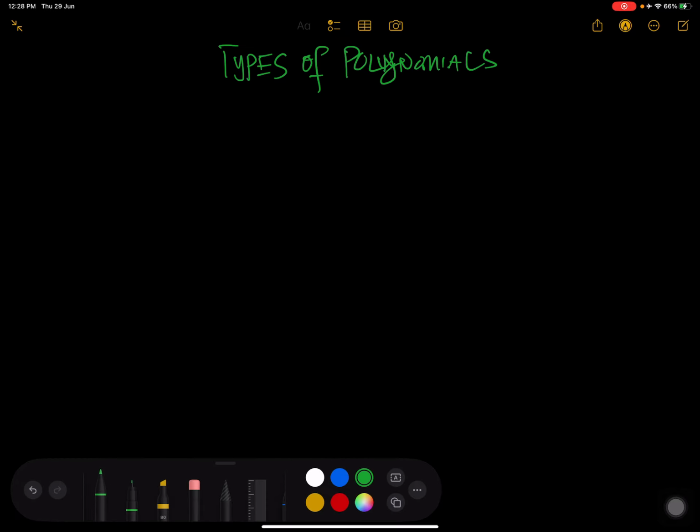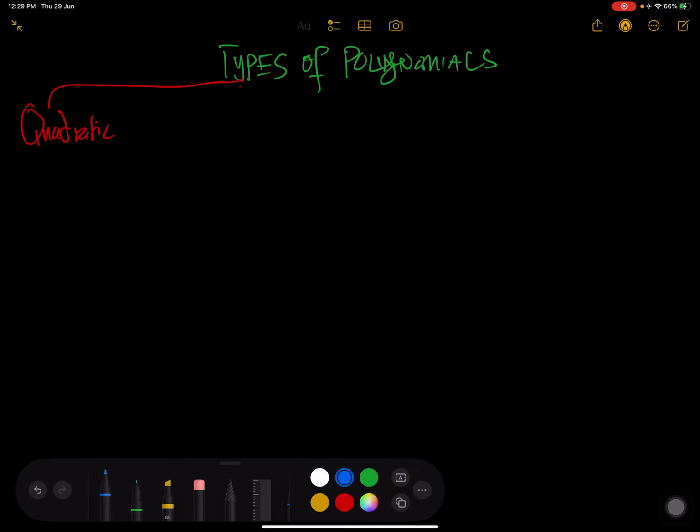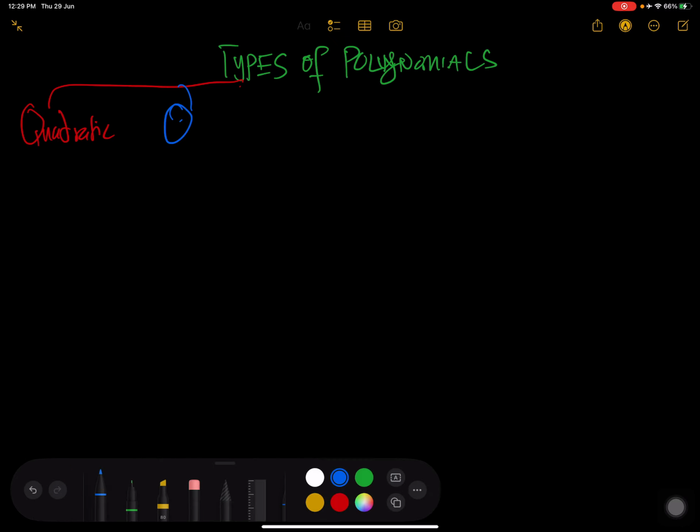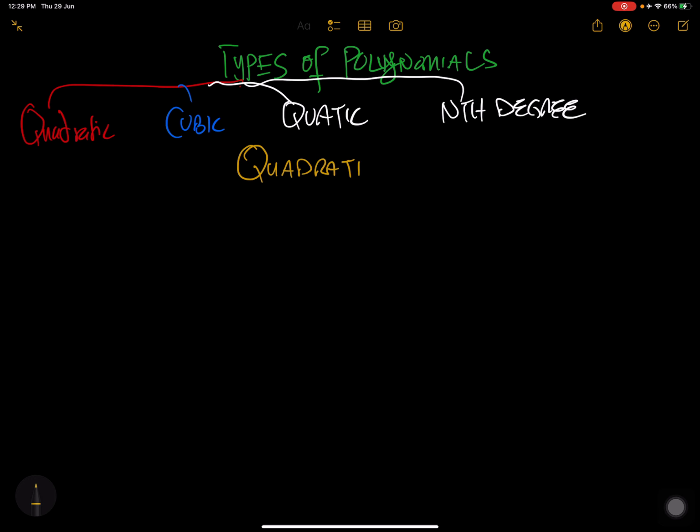Remember, we mentioned that it could be quadratic, it could be a cubic function, or it could be quartic, or an nth degree and more, right? But we're going to focus solely on quadratic equations. That's what we're going to focus on.